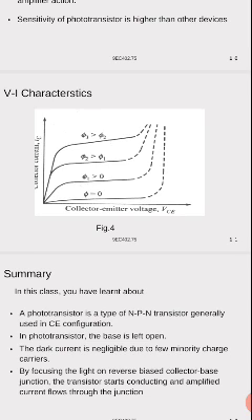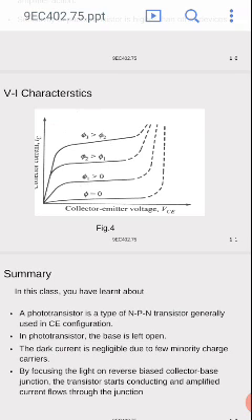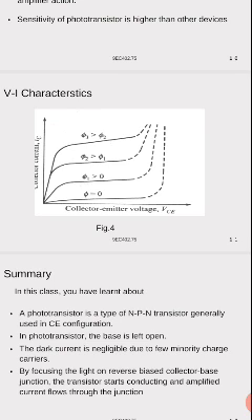So the conclusion is that it is similar to the BJT, except here it is operated by light effect or light intensity, and here base terminal is kept open.